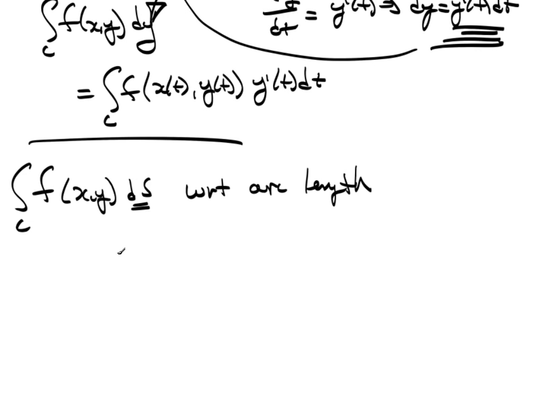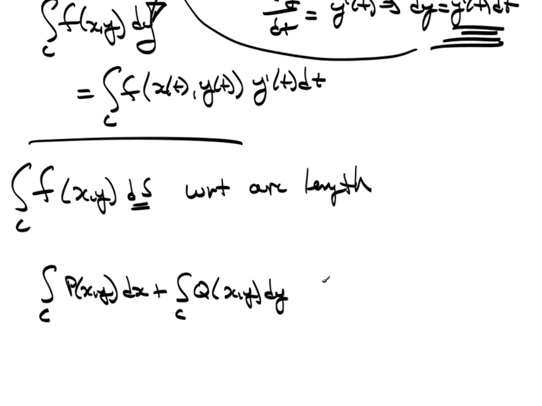And when we have this need, we typically use the notation, it depends what book you're using, it tends to be slightly different, but something to the effect of the integral over the curve of some function p of x, y, dx plus some function, say q of x, y, dy, which is commonly written as the line integral over the curve of p of x, y, dx plus q of x, y, dy.